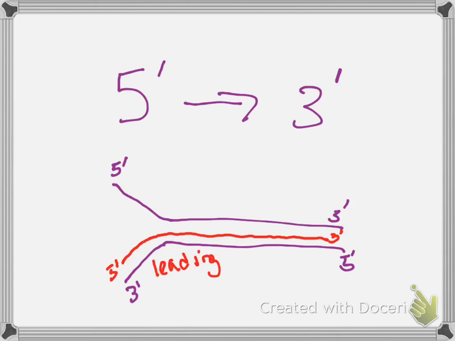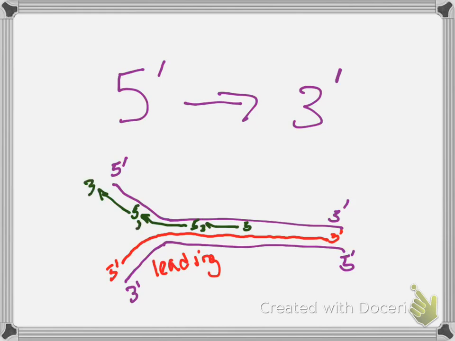Whereas the opposite strand, which is the lagging strand, is in the 5' to 3' direction already, so you have to make your complementary copy in fragments, these Okazaki fragments, because you have to make them in the 5' to 3' direction.